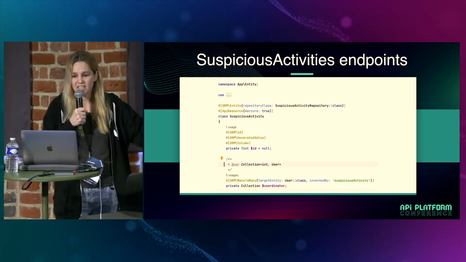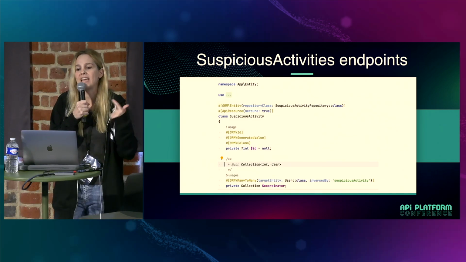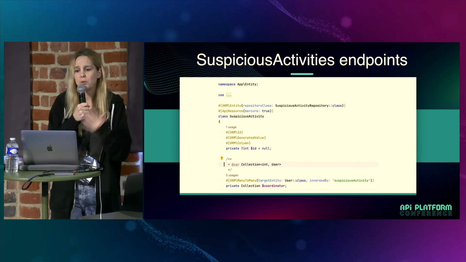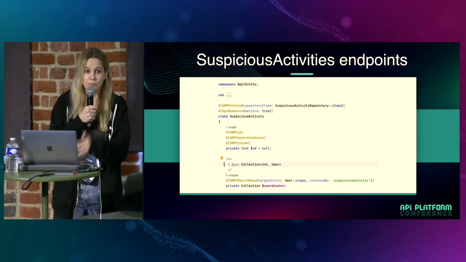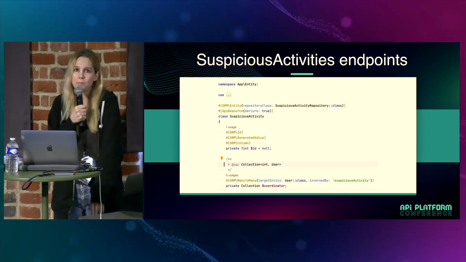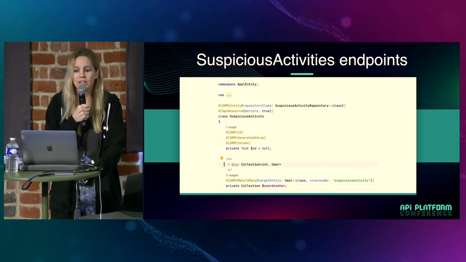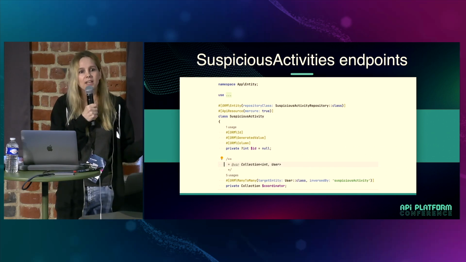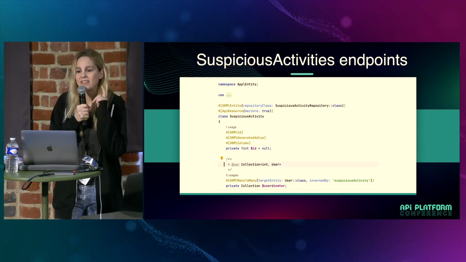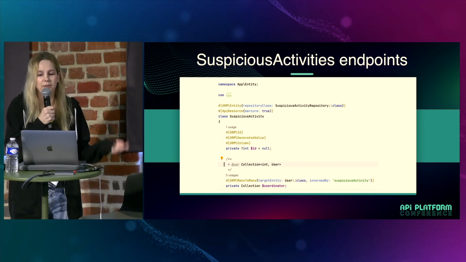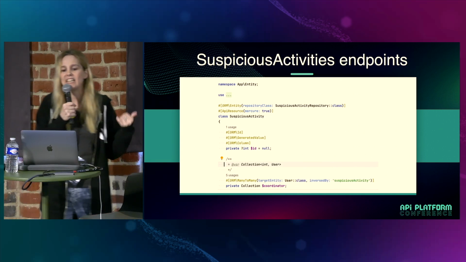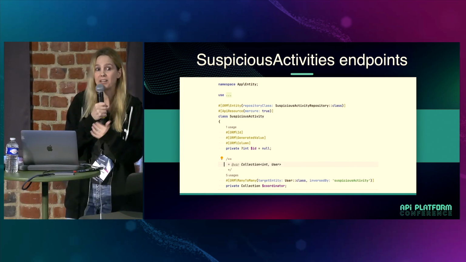For this resource, we will add the ApiResource attribute, and we will include the mercure option and set it to true. And what's really cool is that by simply setting mercure to true, it automatically enables publishing updates to our Mercure hub.